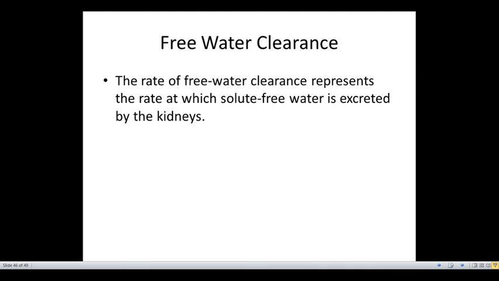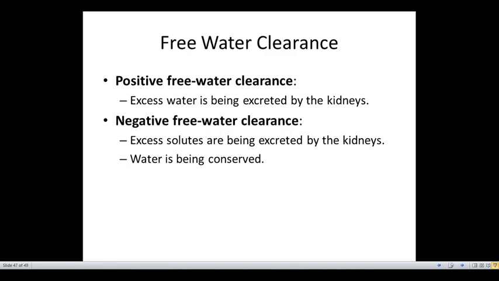So we can say that the free water clearance is positive when excess water is being excreted by the kidneys. And the free water clearance is negative when excess solutes are being excreted by the kidneys and water is being conserved.